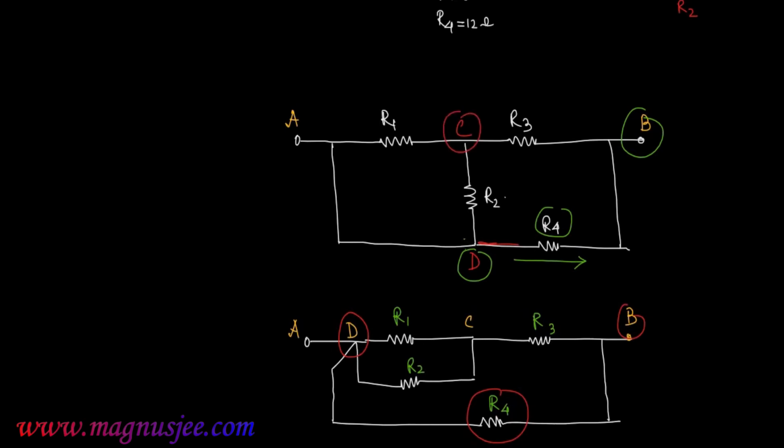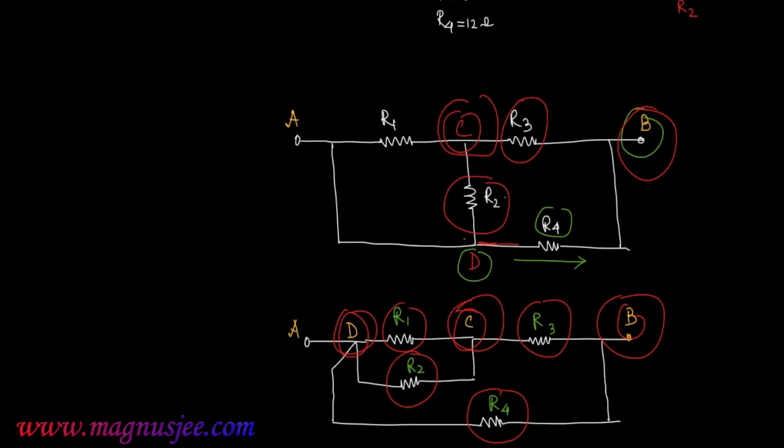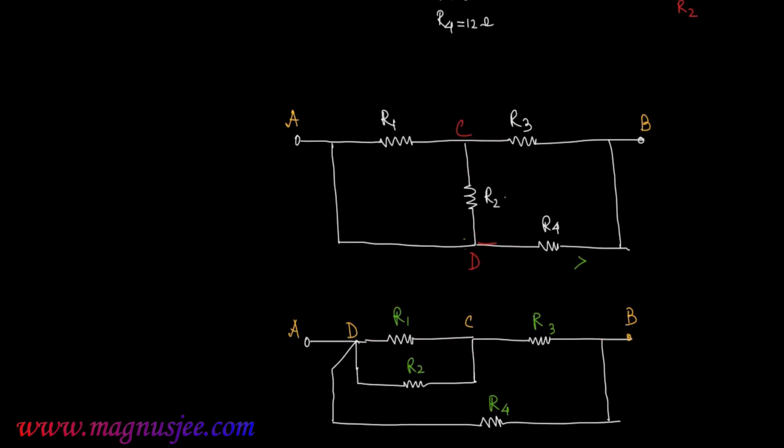Between the two terminals C and D, two resistances R1 and R2 are connected in parallel combination, and between the 2 points C and B, the third resistance R3 is connected.